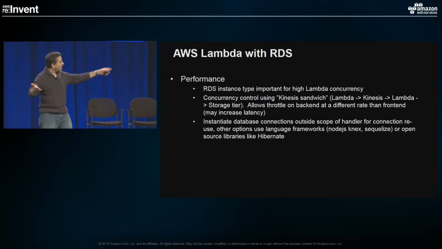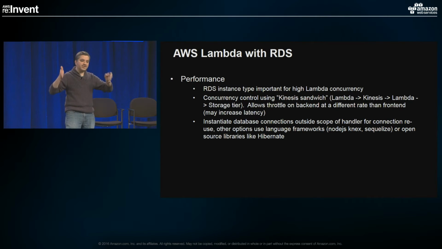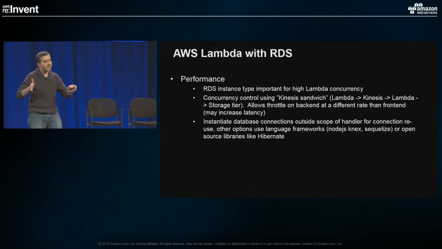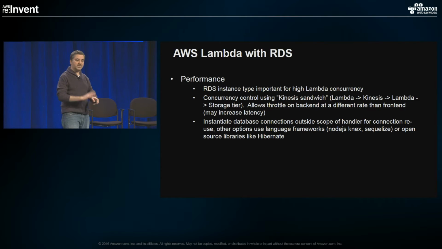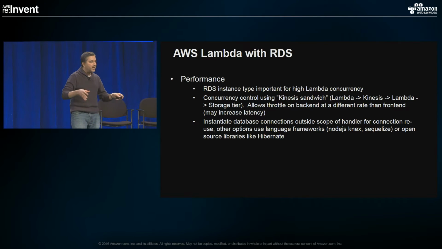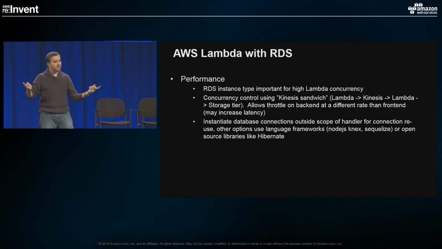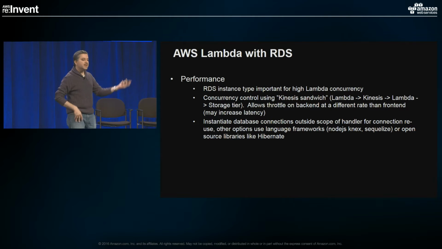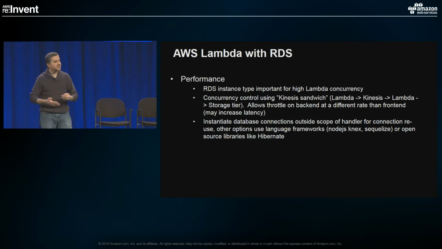What you can do is have a Lambda function and then put a Kinesis stream in between, so that the Kinesis stream acts as a buffer layer before another Lambda function kicks in and talks to the backend database. That way, you're introducing a buffer layer between your ingress traffic and your data tier. However, I think we all know that by adding additional layers in between, there's a chance that it can add additional latency. So keep that in mind when you are doing a large number of invocations.